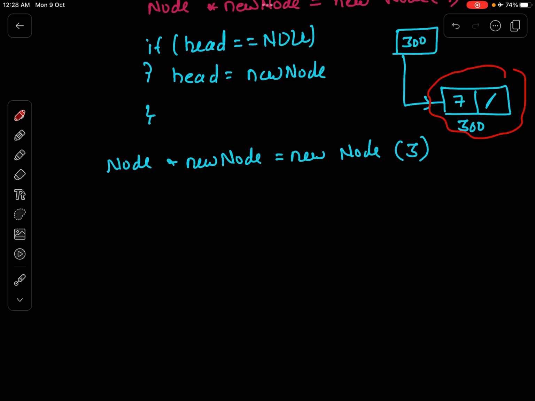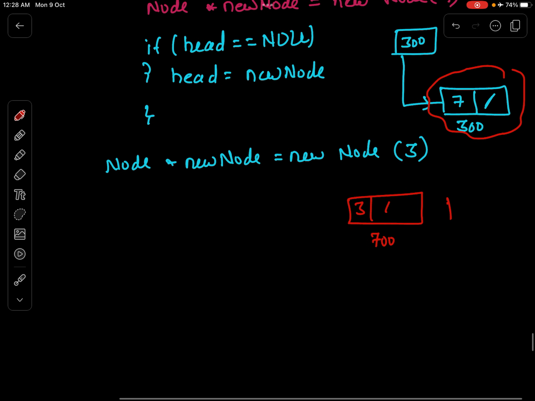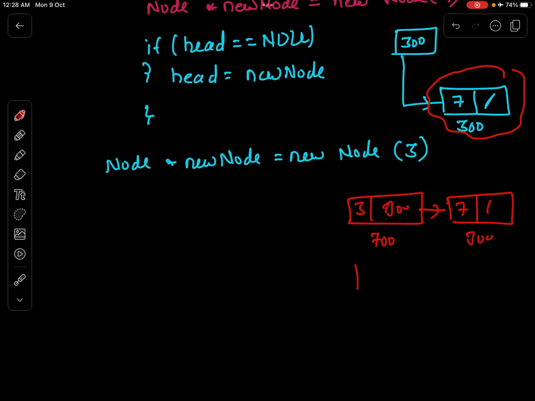But what I'm saying is I want to store this node, say this node is 3, this is null, and the address is say 700, before the previous node. Which means I want to store like this: 7, this is null, this contains 300, and this will be pointing to this, and my head will be pointing to this. So head will contain 700.